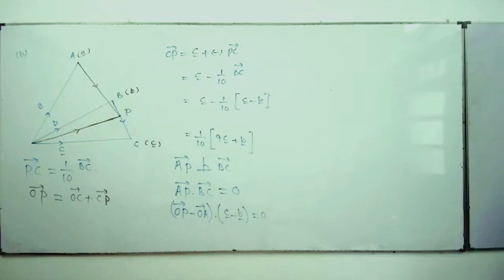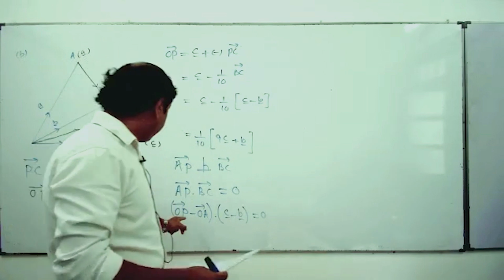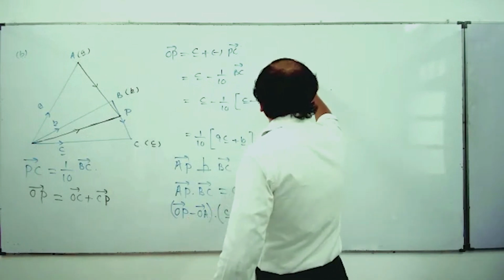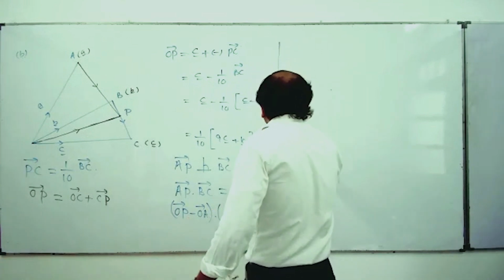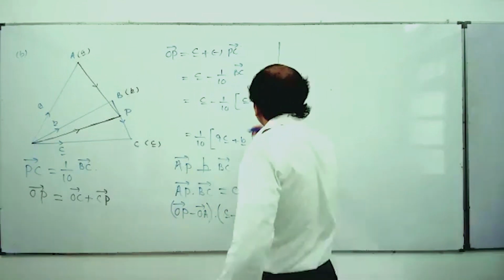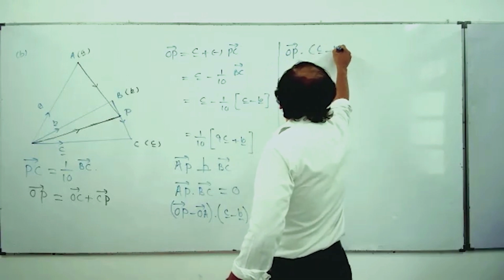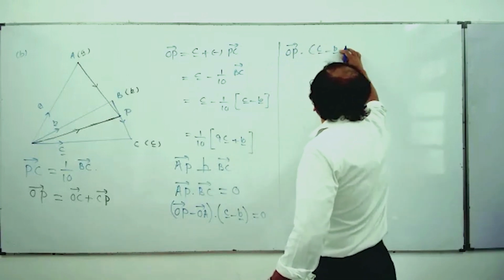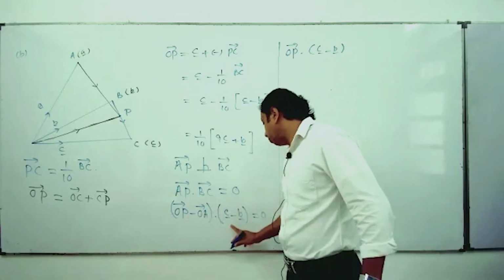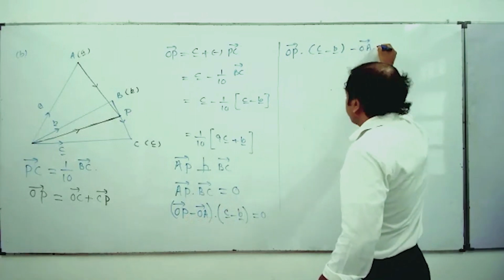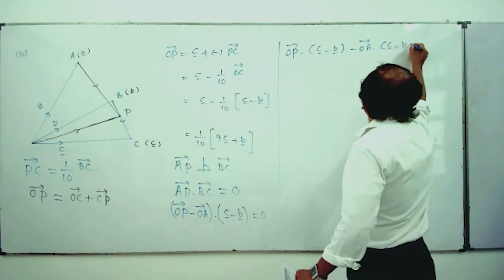Using the distributive law: OP vector dot c minus b, minus OA vector dot c minus b should be equal to 0.